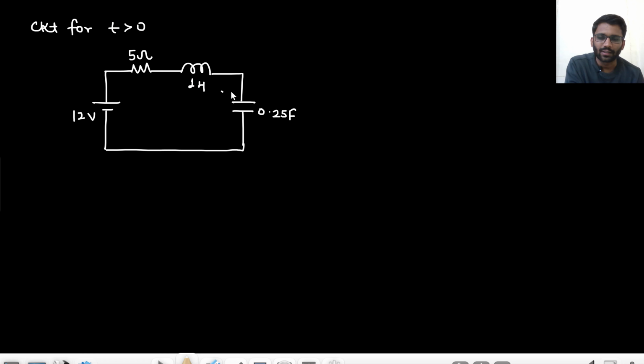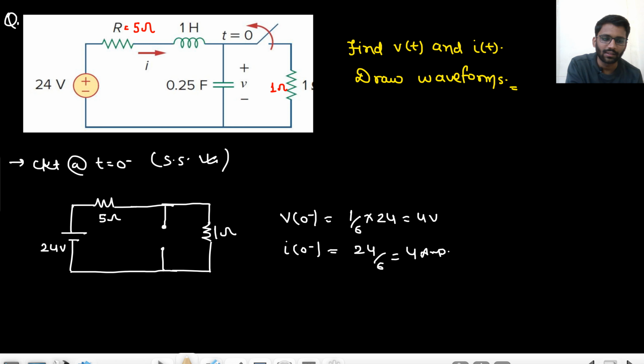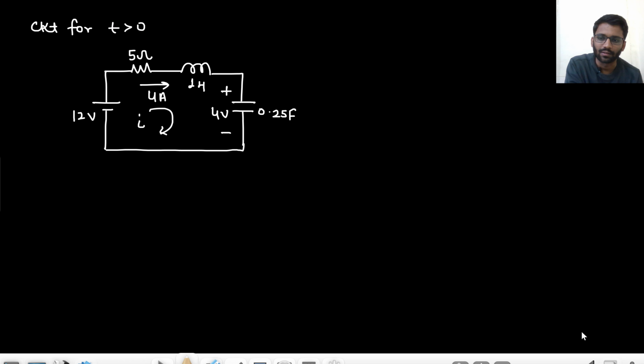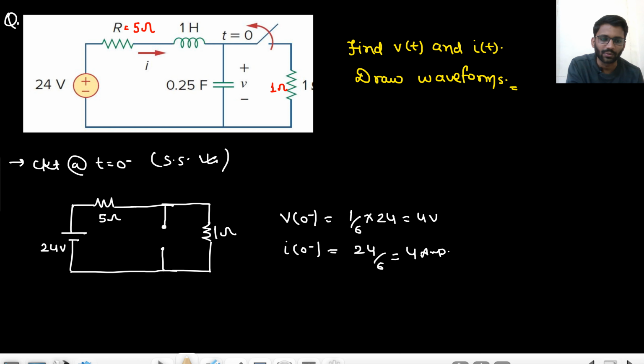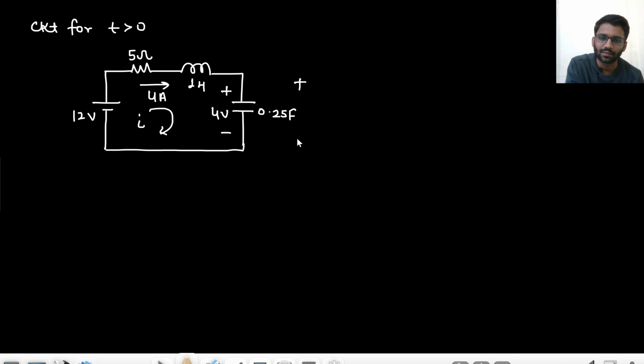Initial voltage is 4 volt. The current is also 4 ampere. This current we are calling I and this voltage we are calling V. Okay. So now talking about Vt. First I will talk about Vt.